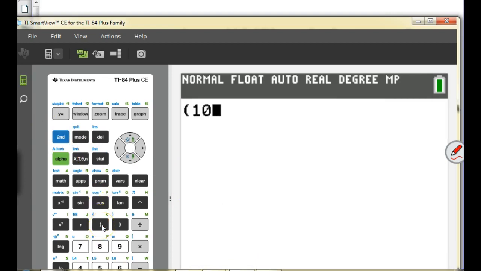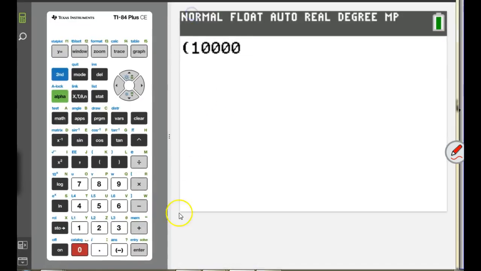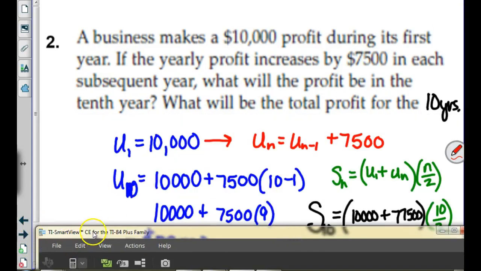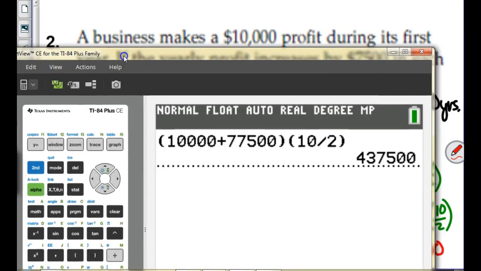It's 10,000 plus, no, it's 10,000. Okay, sorry video watchers who are now trying to figure out what in the world is wrong with this class. 437,500.